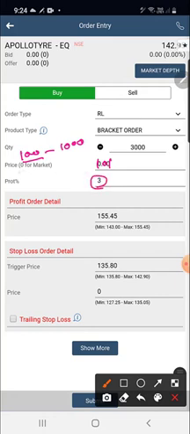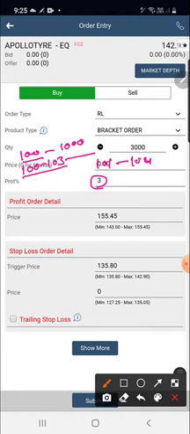So as per my protection percentage, 100 to 103 will be my buying range. Before placing the order it was 101 to 104, but once the trade got executed, from the first execution price this protection percentage starts calculating. So 100 to 103 will be my buying price.